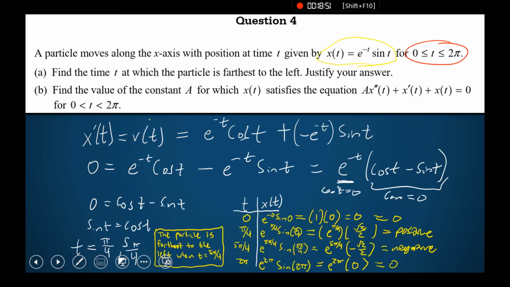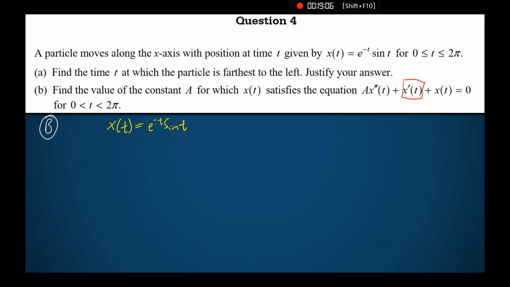And then we solved last time for x prime of t, saying x prime of t was equal to e to the negative t times the cosine of t minus the sine of t.